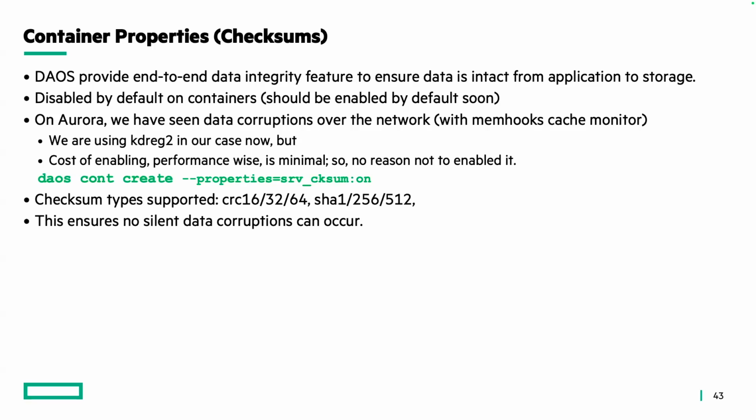And there is also a checksum scrubber that is not enabled yet on Aurora, but is implemented, where on a regular basis the engine will scan all the extents and verify the checksums. This was a feature that was part of the NRE for Aurora, but we haven't enabled it on the system. We'll definitely discuss with the LCF to enable it eventually, to verify all the checksums proactively and fix the ones that failed.